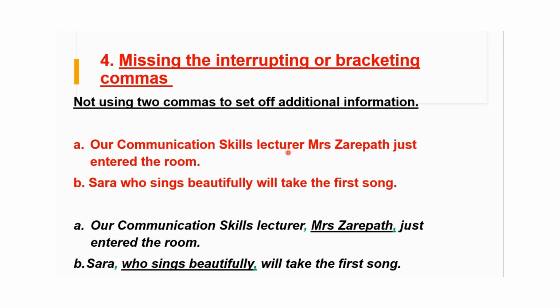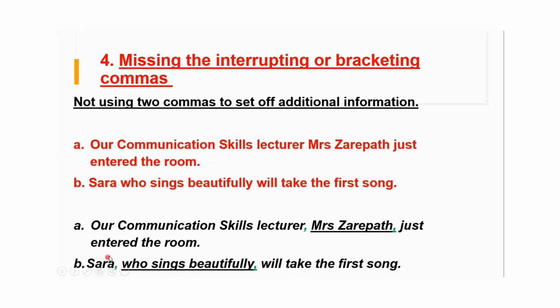Now, are they the same people? Is Mrs. Zarapa the same as my communication skills lecturer? Only a comma will tell. So if I say "our communication skills lecturer, comma, Mrs. Zarapa, comma, just entered the room," that means I just gave you additional information. The name of the person is not necessary.